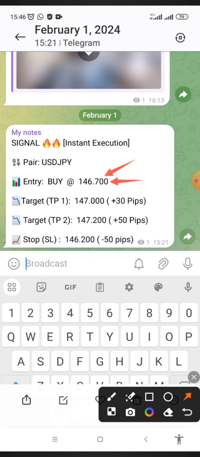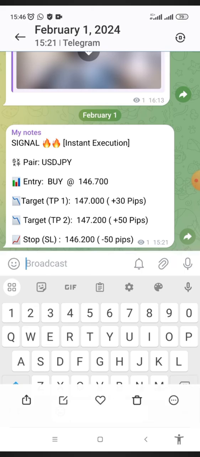But if you are selling, if the signal says a sell, if the price goes below this price, then it becomes too late for you to enter. Take note of this. You can write these points down.